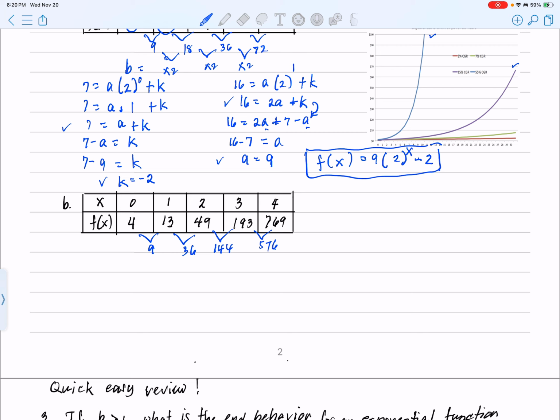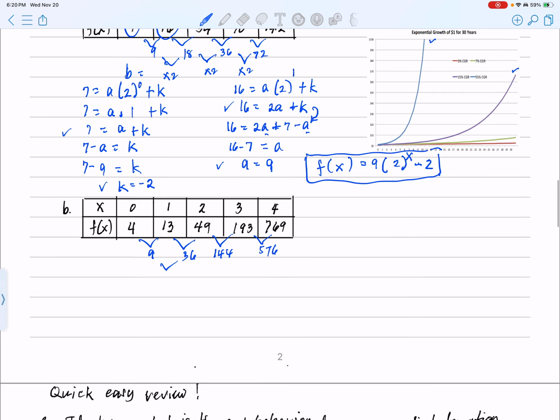That means if we multiply by 4, we come up with 36. 36 times 4, we come up with 144. And 144 times 4, we come up with 576. So in other words, our B value is equal to 4.